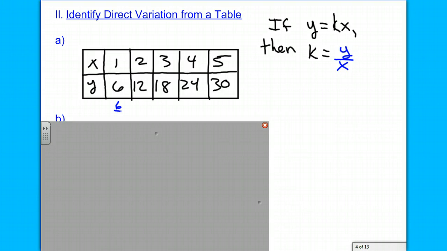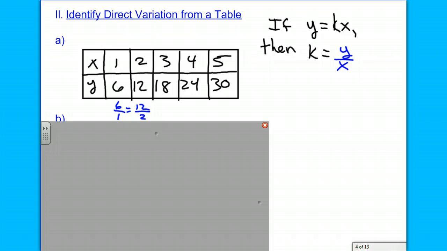So we would say 6 over 1. And then in the second point, which one is the y? 12. So we'd say 12 over 2. So is 6 over 1 equal to 12 over 2? What does 12 over 2 equal? It equals 6 as well, right?